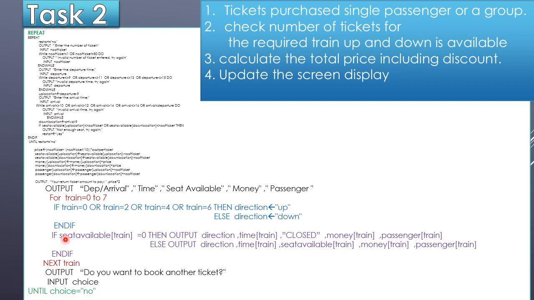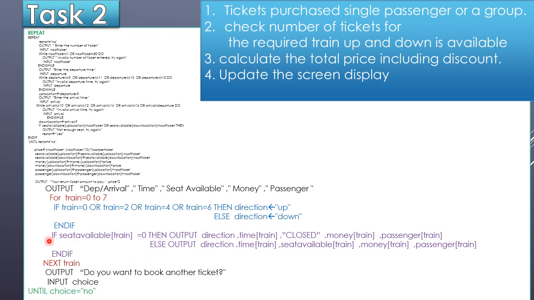Okay, and as it said in the pre-release material, if there are no seats available, like 0 seats, all tickets were booked, there are no more seats to book. In that situation we want to show closed. Instead of showing 0 tickets available, we want to say closed, that particular train's tickets were all sold, so we want to show closed.